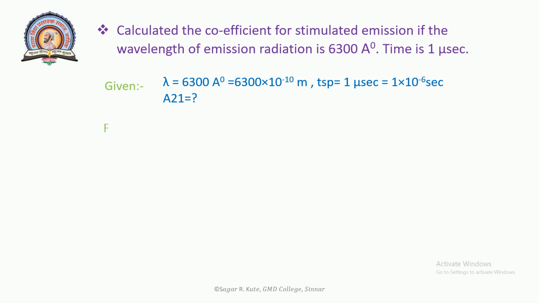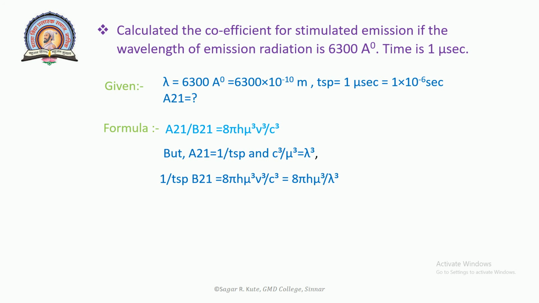And calculate B21. Formula: Einstein coefficient relation is A21 upon B21 is equal to 8 pi h mu cube upon c cube. But A21 is 1 upon the spontaneous lifetime, and c cube upon mu cube is equal to lambda cube.